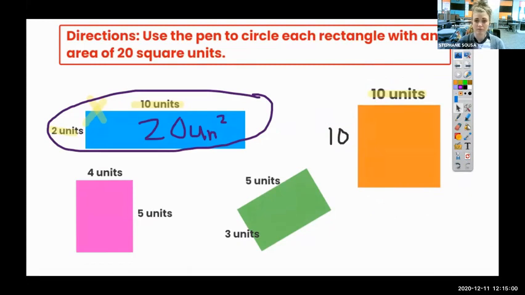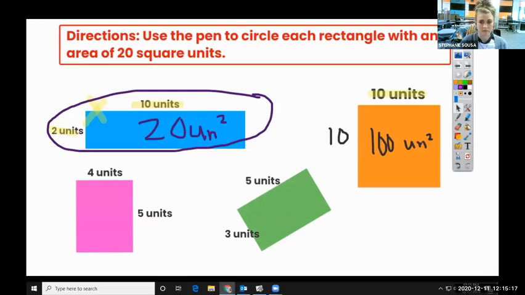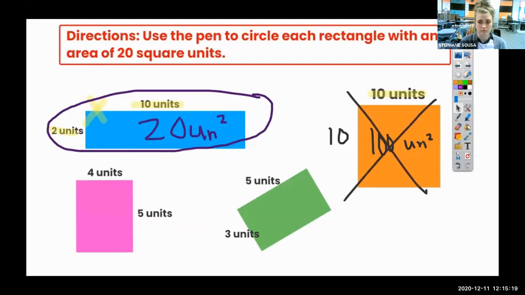10 times 10 is 10, 20, 30, 40, 50, 60, 70, 80, 90, 100 units squared. 100 units squared is more than 20 square units, so this is not an example of a rectangle with an area of 20 square units. Let's look at the pink rectangle.